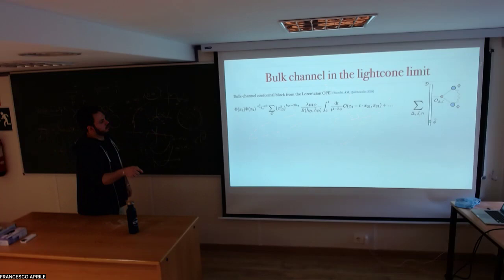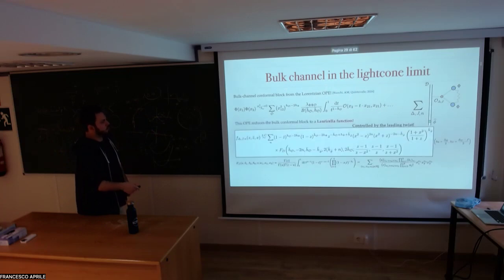And this gives us an integral of a bulk-defect two-point function, which results in this Lauricella function, which you can see as a generalization of a hypergeometric function of three variables. Here, just for reference, this is the integral representation. This is the series representation.